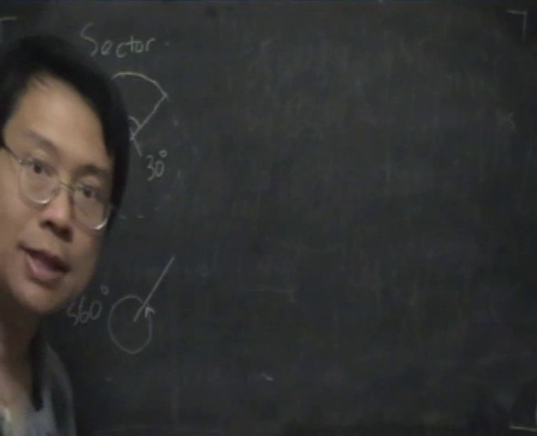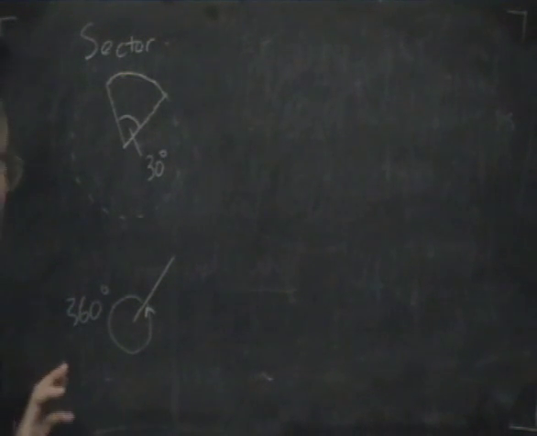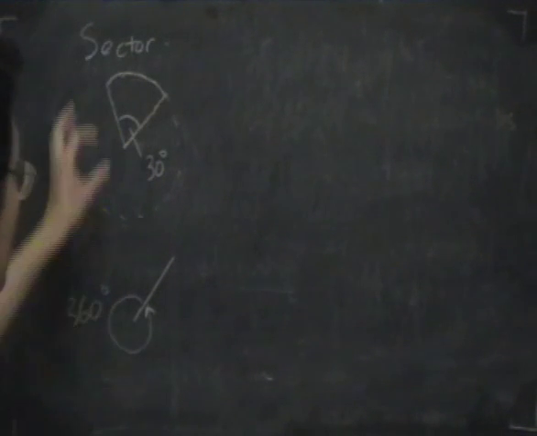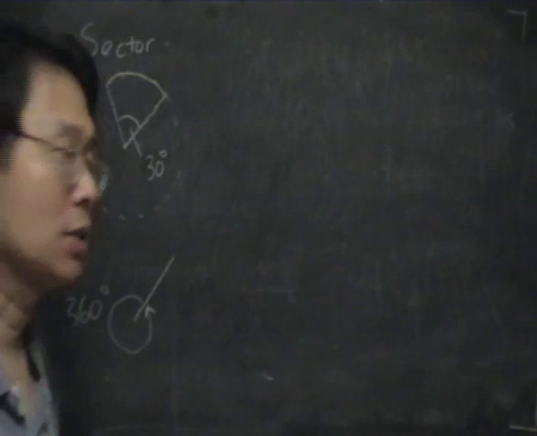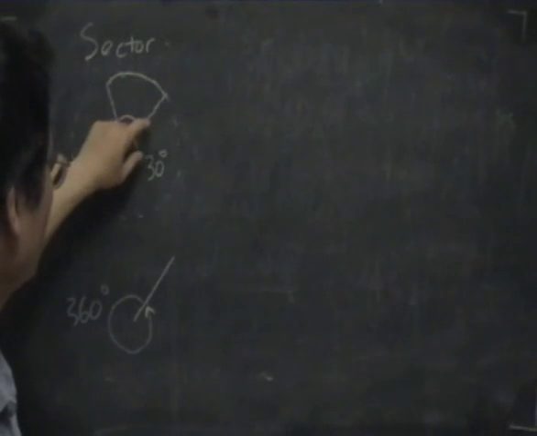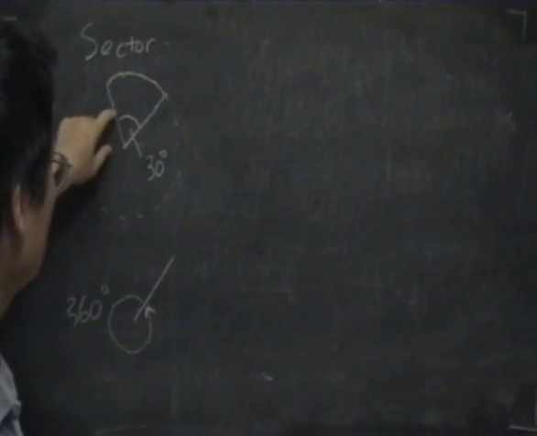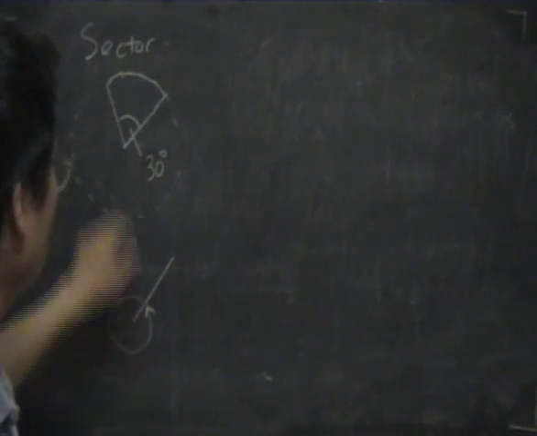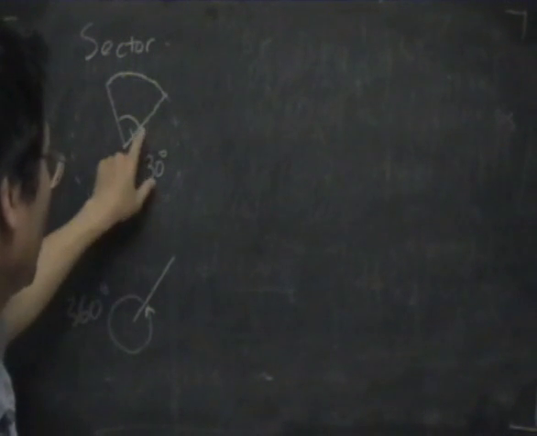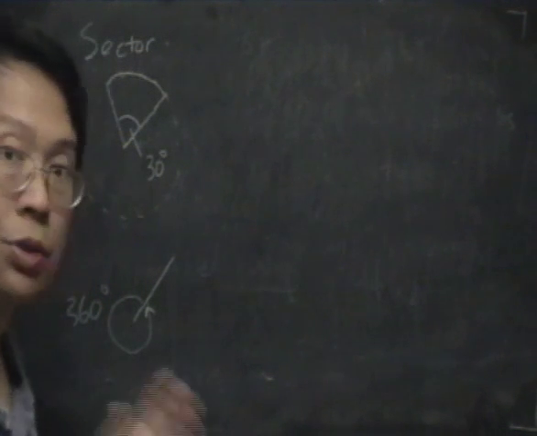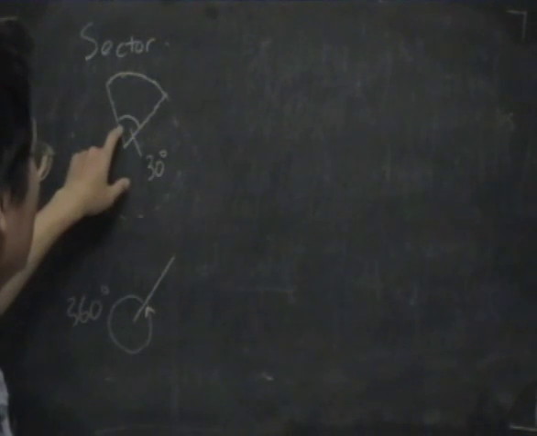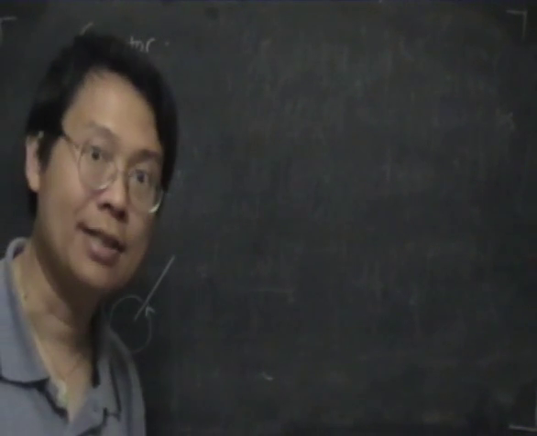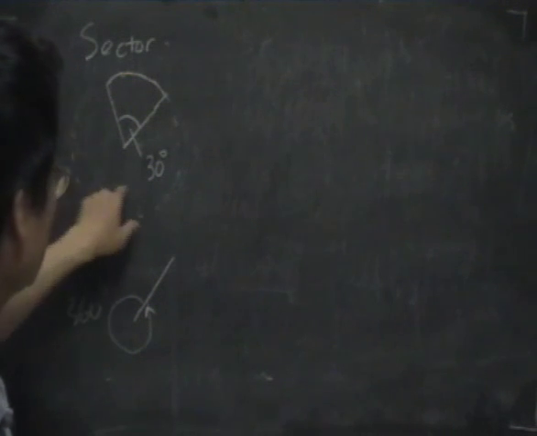Right, so how do I find the area of the sector? The way to do it is to think of the sector as a fraction of the circle. So if this angle is actually 360 degrees, that means that the area of the whole circle is what you get. So the area of the whole circle is really a sector with an angle of 360 degrees.